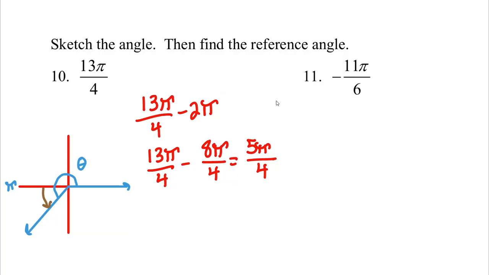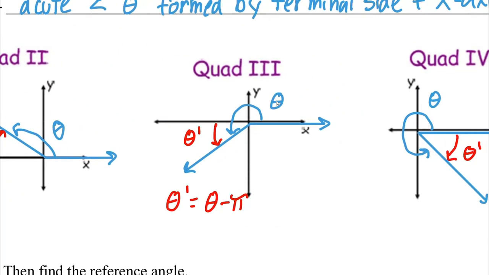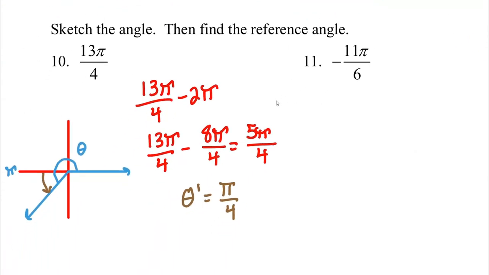So our reference angle, our theta prime, is pi over 4. You can also get that by doing the equation, but let's be honest, are you going to memorize all of these equations? Probably not. So that's why I think it's easier to kind of draw it and then go from there.